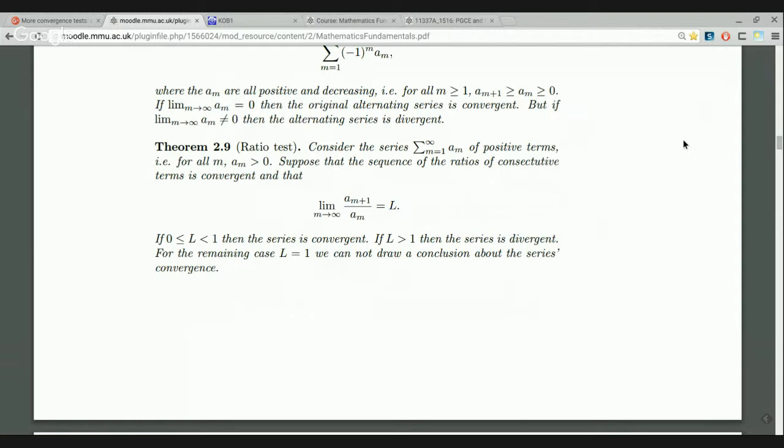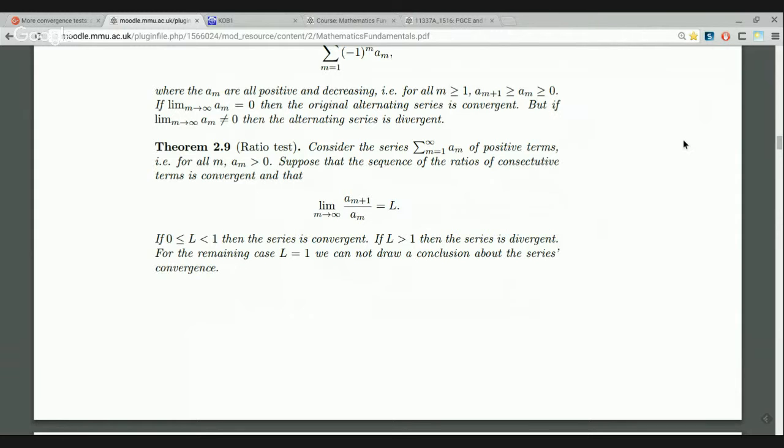And so, if L is strictly less than 1, then the corresponding geometric series will be a convergent one. Okay, so that will be using a comparison test.